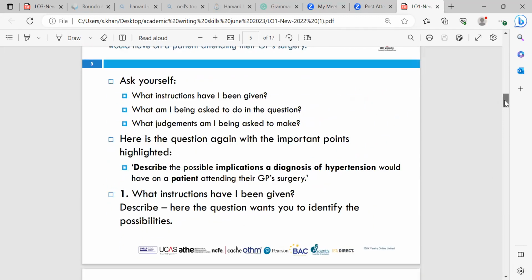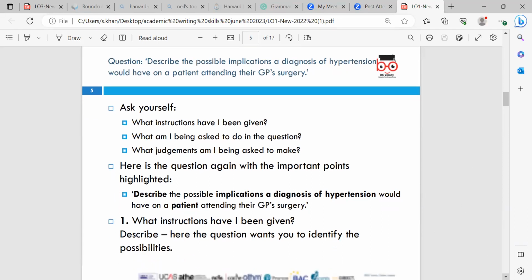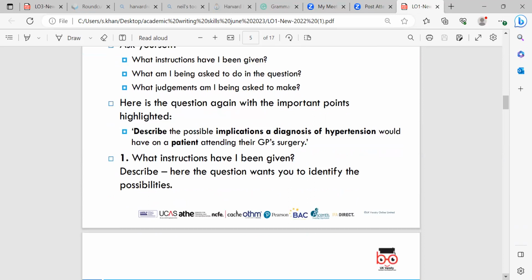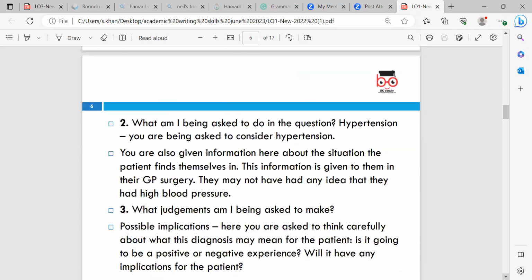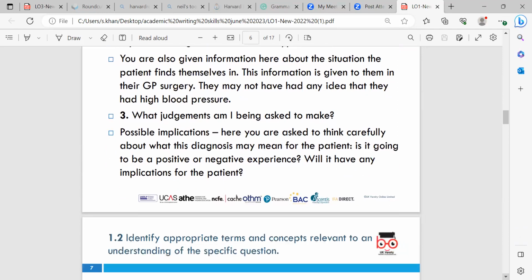We then went to look at describe the possible implications of a diagnosis of hypertension, and we looked at the instructions that were given. Then we looked at hypertension, and we looked at the judgments.